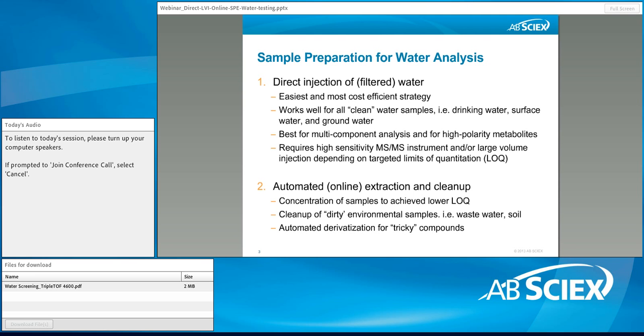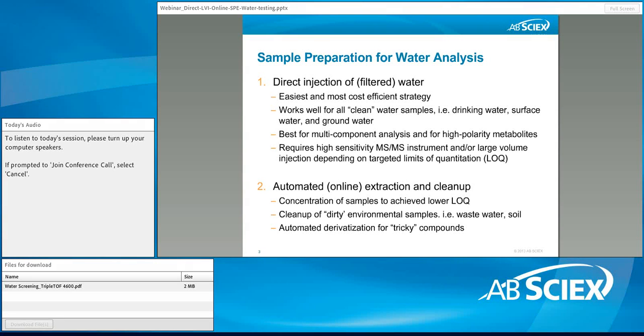Here it's much easier to just inject them directly, and then depending on how low you need to quantify these compounds, you either need a very powerful, very sensitive mass spectrometer, or you have to inject larger volumes into the LC-MS system, which also is not a problem. And modern high sensitivity MS instruments, state of the art, can easily detect compounds at very low parts per trillion levels, depending on the compounds, maybe even sub-part per trillion levels.